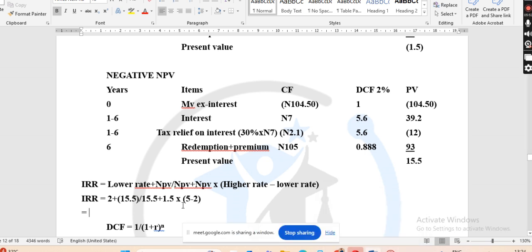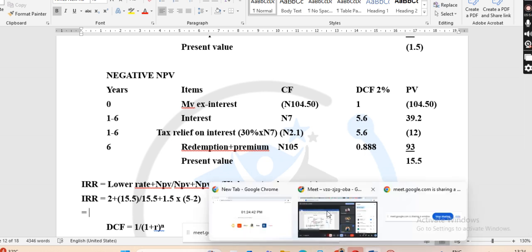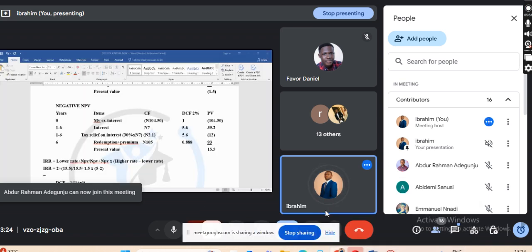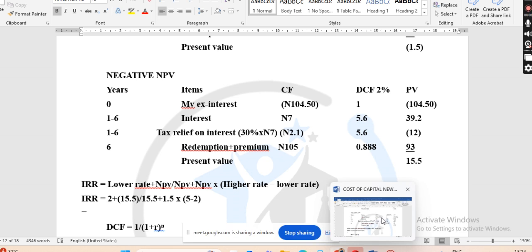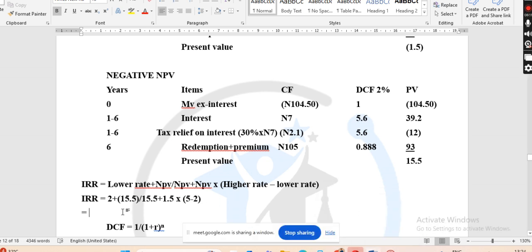See, I can decide to put the rate as 2%, but if you use 2%, at the end of the day you still multiply by 100. Class, just leave it as 2. Don't stress yourself, you will get your percentage. Let's see, 10.8%, right? That is the cost of redeemable debt, class.